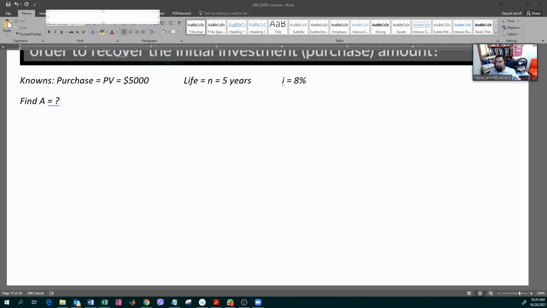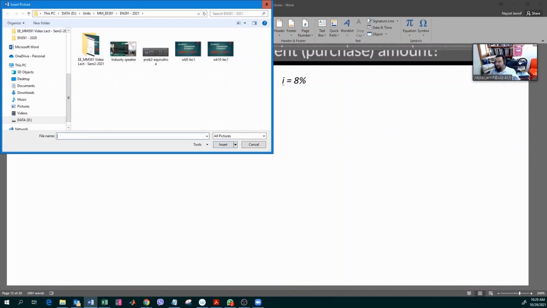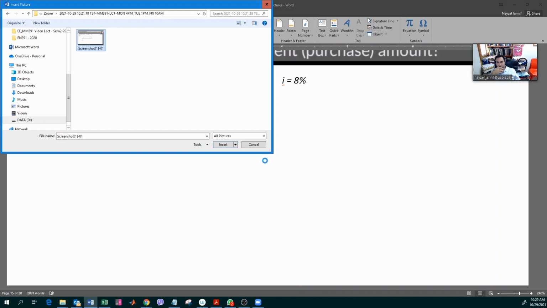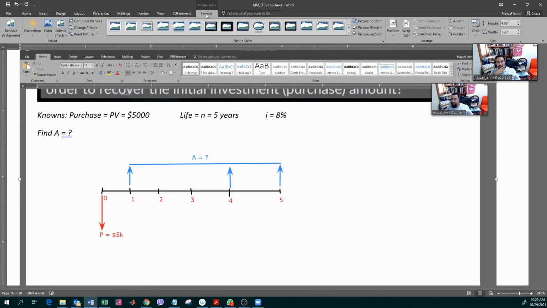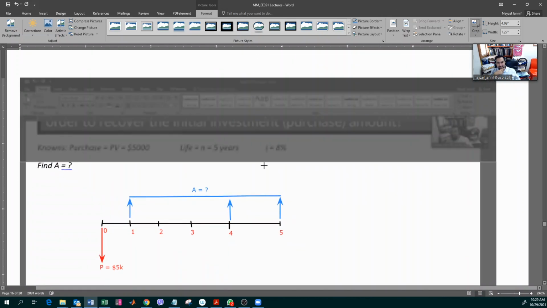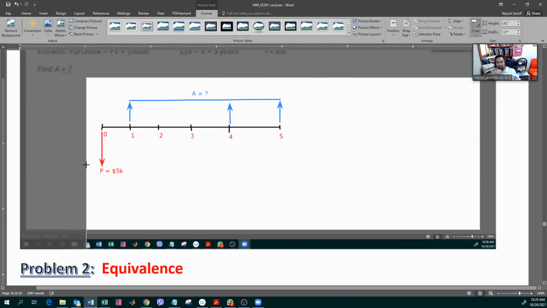The key requirement for you guys is, if you are given a question like this, the question is not so much about the calculation. I know all of you will jump onto the calculation, but what we will be looking for in your short tests and your quizzes is your cash flow diagram.